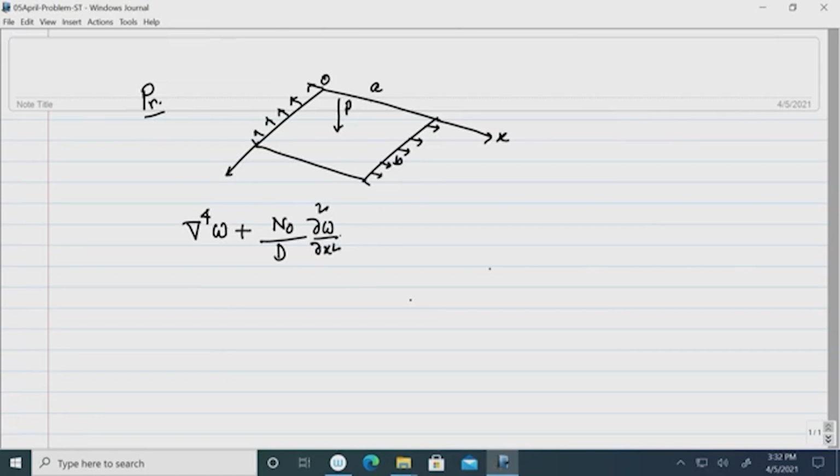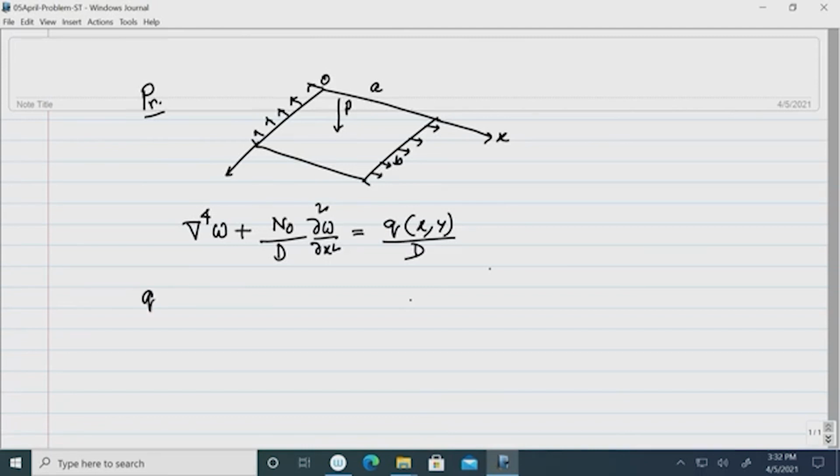Other terms will be absent because there is no other in-plane forces, equal to q(x,y) by D. Okay. Now, you can see here the load is this concentrated load, not the distributed load, but we know that a concentrated load can be expressed as an equivalent distributed load by making use of the Dirac delta function.